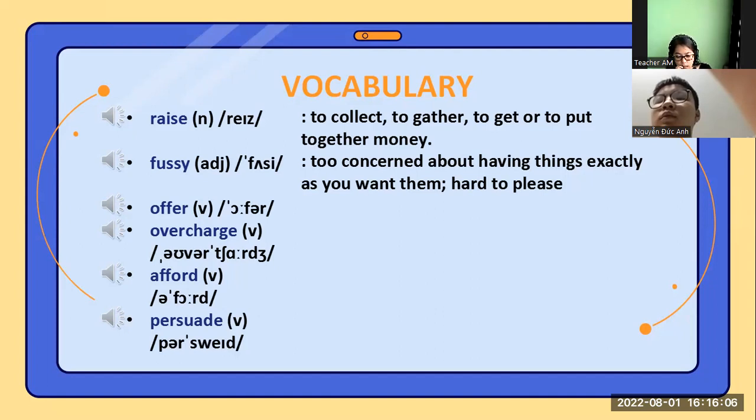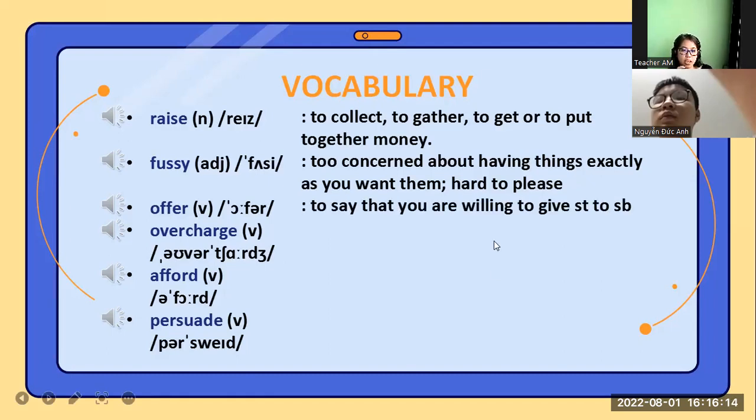Present or offer something for someone to accept or reject. Okay. So offer means to say that you are willing to give something to somebody. For example, I would like to offer my clothes for the victims of the typhoon. So what I offer or give to somebody is clothes, my clothes.